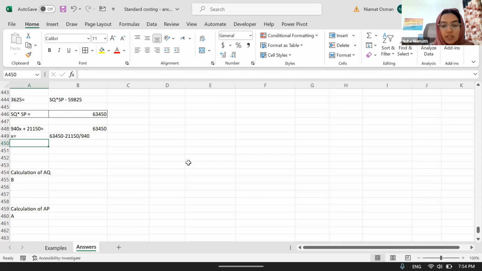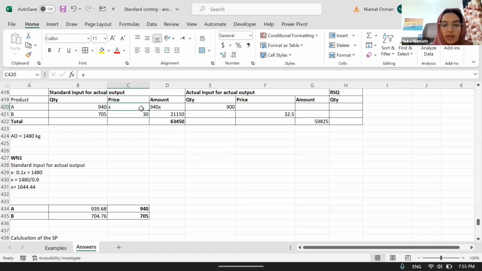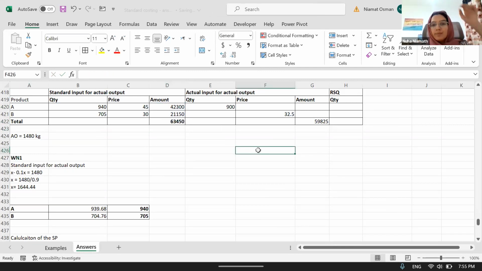Did anybody find the answer? X is equal to 45. Perfect. So we'll quickly go here and we'll write 45. And we'll get 940 into 45. So this should sum up to 63,450. Clear? So this is just a reverse working.